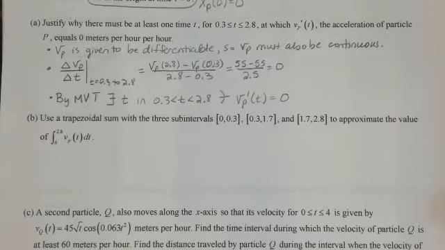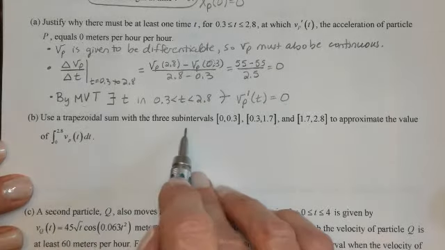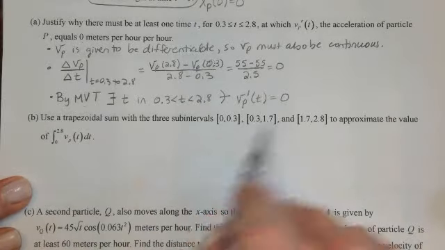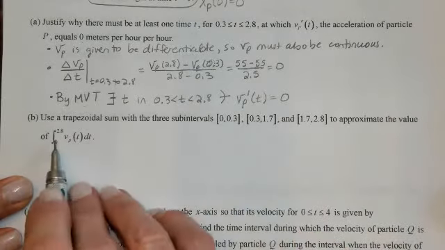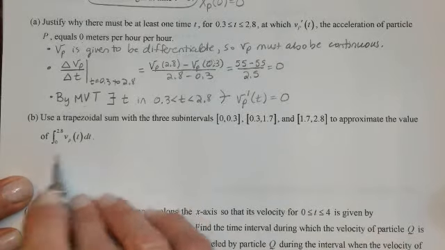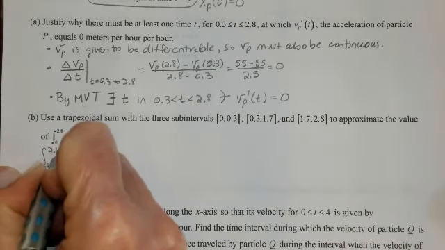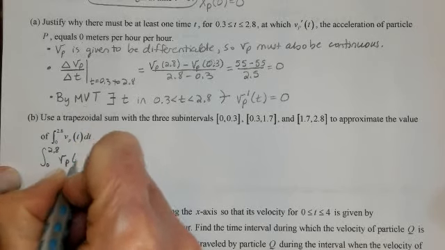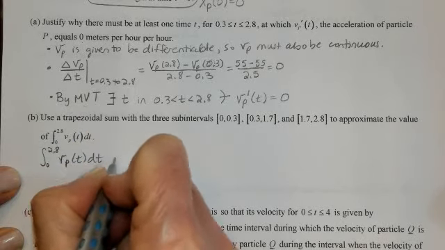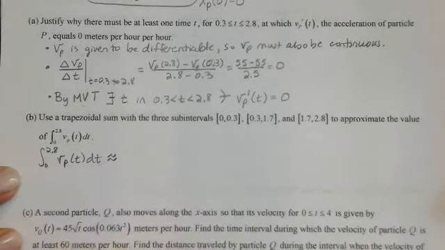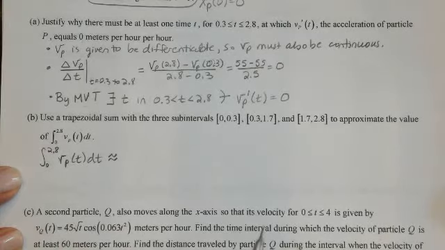All right, part B. Use a trapezoidal sum with 3 subintervals. They give me the subintervals to approximate the value of this integral. So I am approximating the value of that integral with a trapezoidal sum.